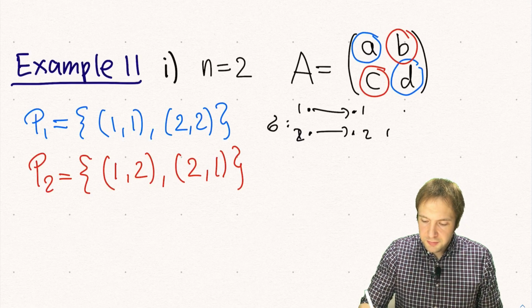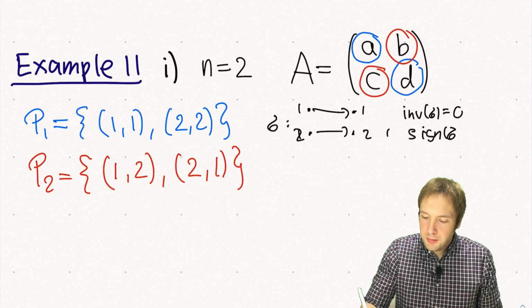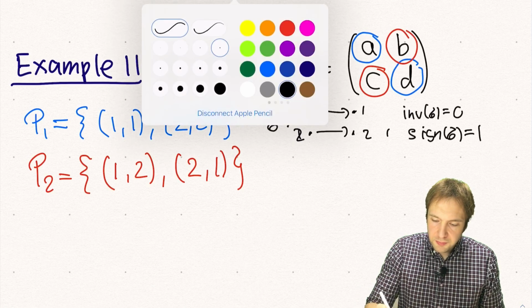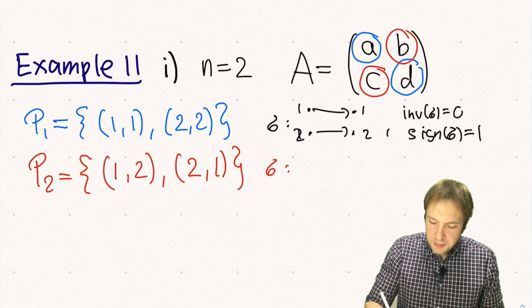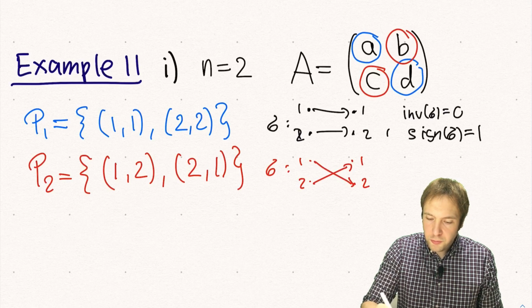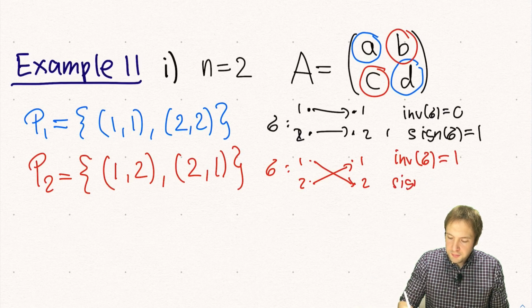So here the number of inversions is 0 and the sign is 1. And here the sigma, let's make it red to make it clear, is this. So we have 1 crossing. So the number of inversions of this is 1, and the sign of this is -1.